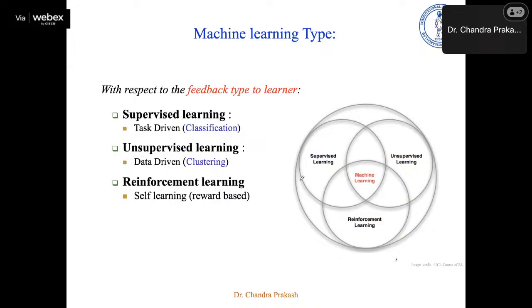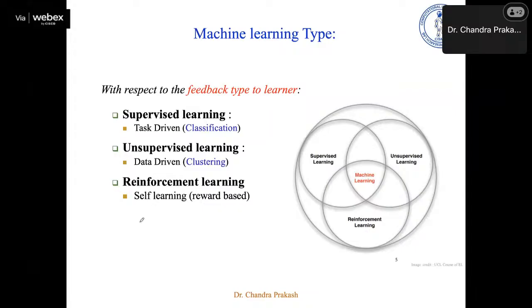Based on this feedback, we can divide machine learning into three parts: supervised, unsupervised, and reinforcement learning. You must have come across different machine learning methods for supervised learning.